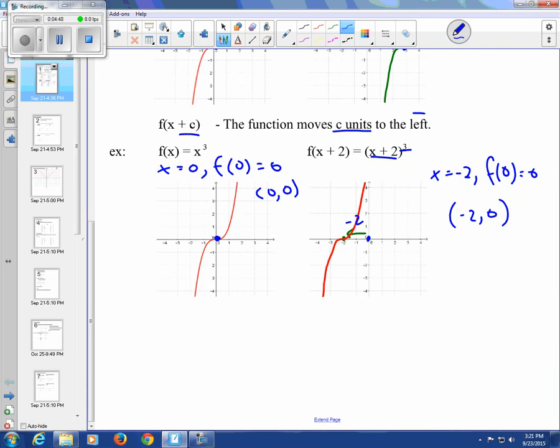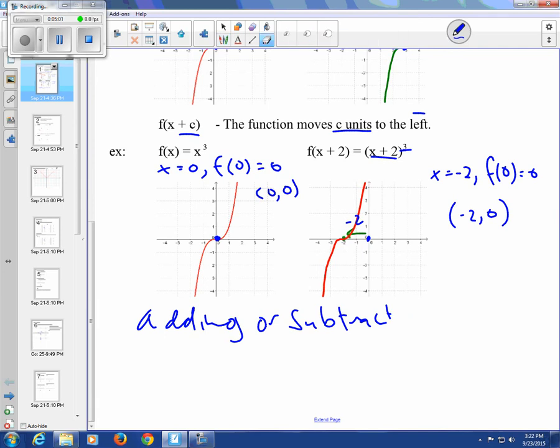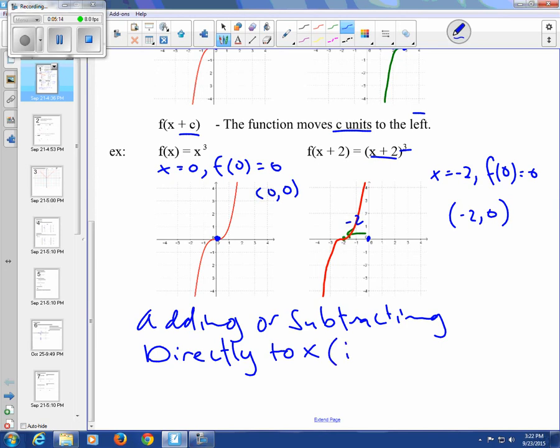In general, what we want to think here is adding or subtracting directly to x, and that's inside the function.